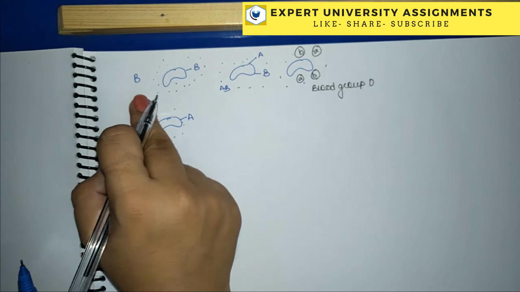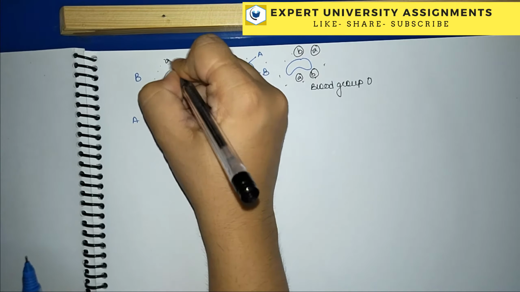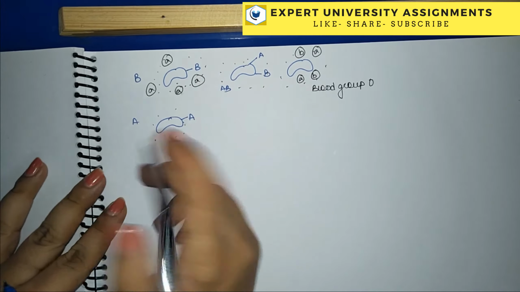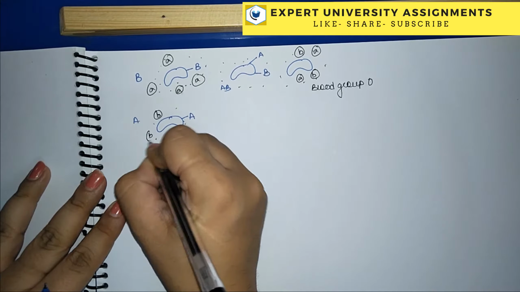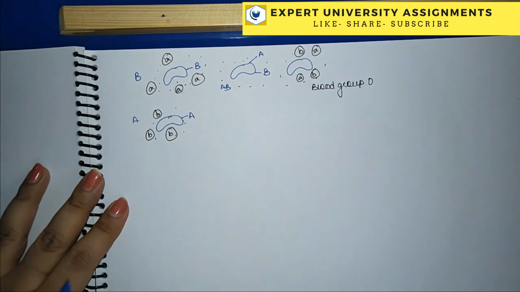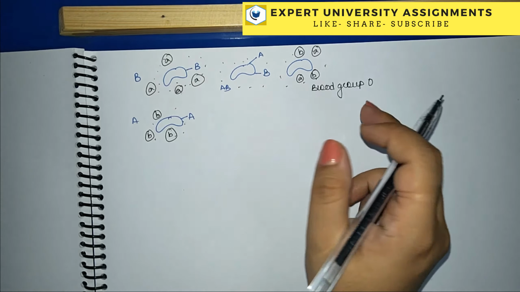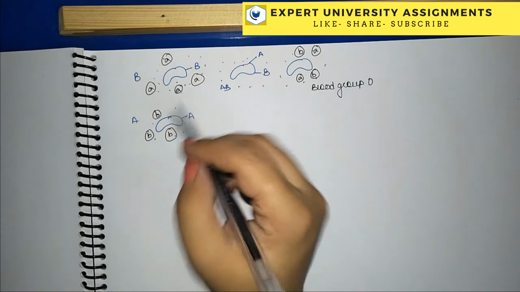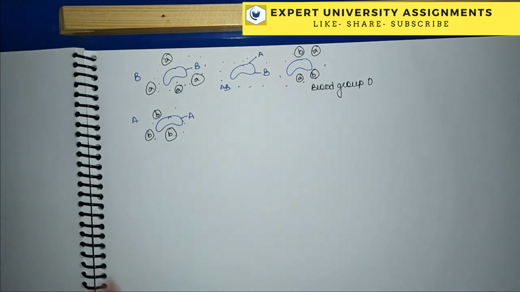In case of blood group B, there is antigen B on its surface and there are A antibodies floating around. And in case of blood group A, there is antigen A on its surface and there are B antibodies floating around. Now you can easily identify how we have differentiated all the four types of blood groups only on the basis of what antigen is present on their surface and what antibody is present in the plasma.